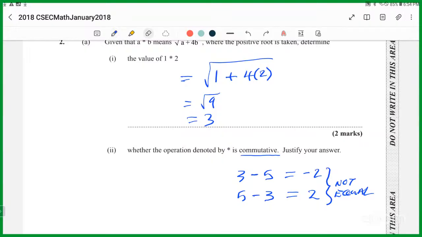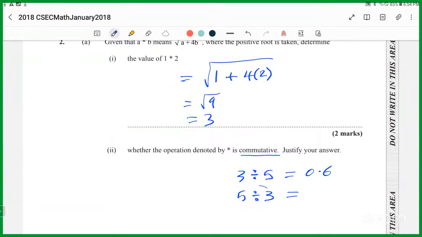What if we were to divide these values and say, okay, instead of multiplying now, let's do 3 divided by 5, or let's do 5 divided by 3. Again, the result's not going to be the same, because 3 divided by 5 is going to be 6 over 10, which is 0.6.